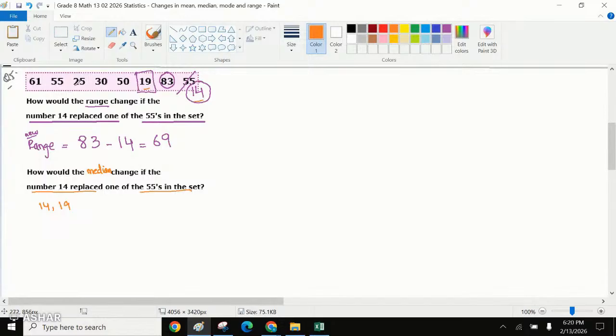After 19 we have a 25. After 25 we have a 30. After 30 we have a 50, 55, 61, and 83. Agreed? If we need to find the median, we start cancelling out.